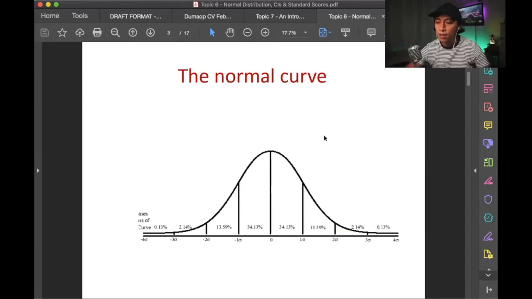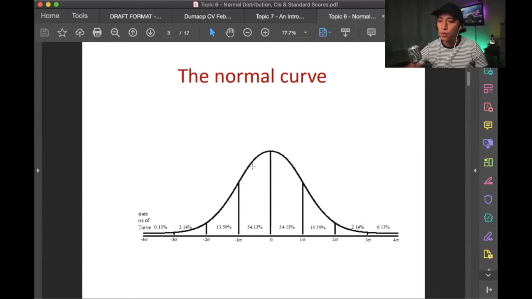And conveniently, we can describe the normal distribution as a distribution of scores wherein most of the scores are found here at the center, surrounding the mean of the distribution, or the average value. And then there are fewer and fewer scores that are extremely high, and fewer and fewer scores that are extremely low.